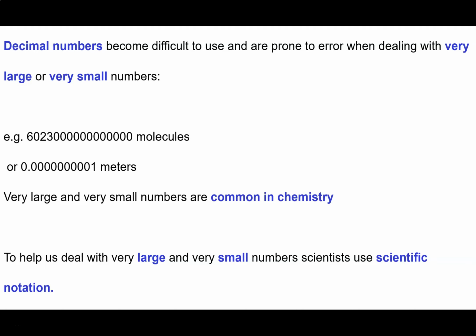Decimal numbers become really difficult to use and are prone to error when you're dealing with very large or very small numbers. Typical numbers that we might be using in science would be something like this: 6023 followed by about 20 zeros. That's a pretty standard number of molecules that we might be dealing with in chemistry.